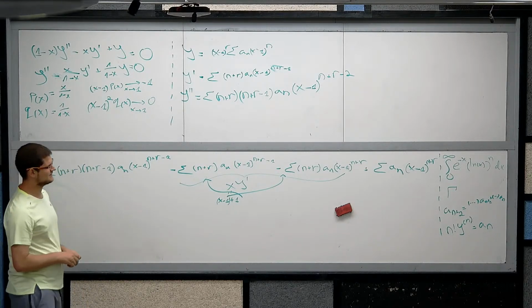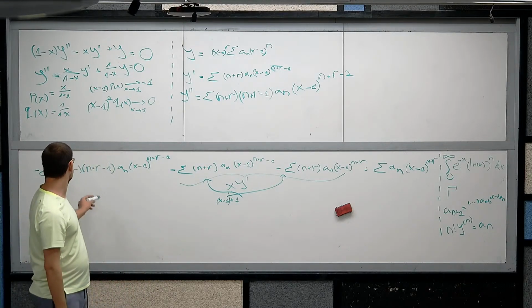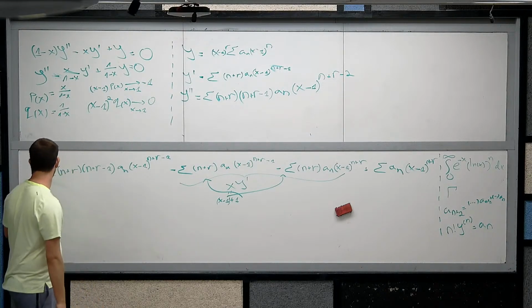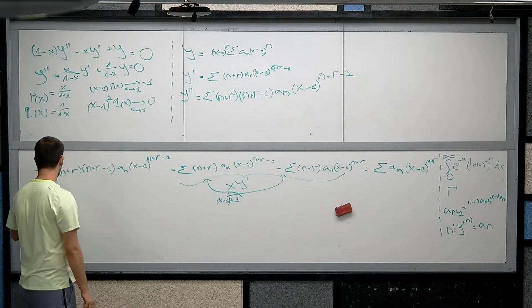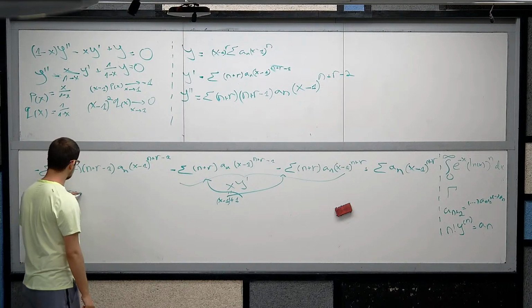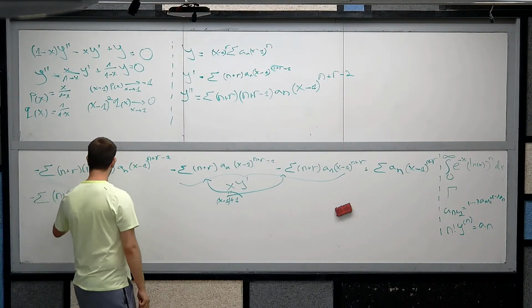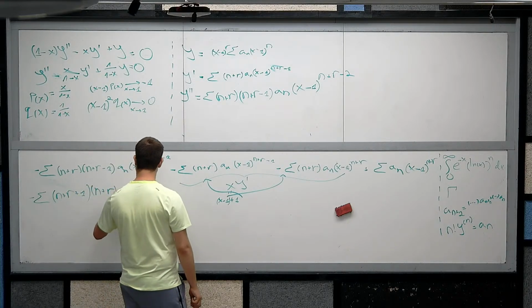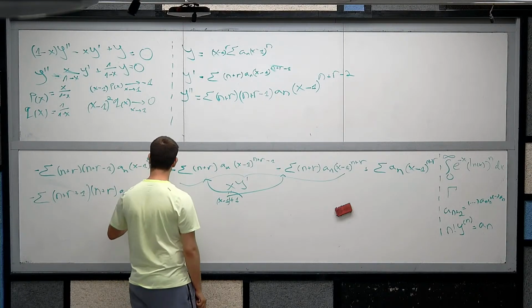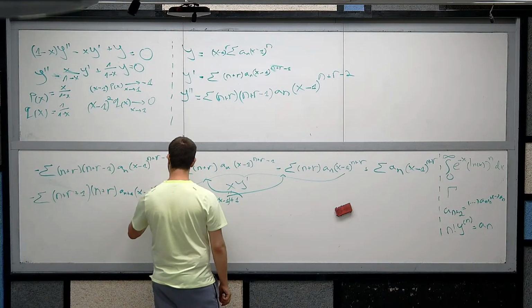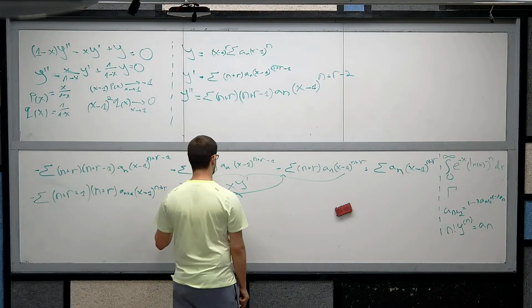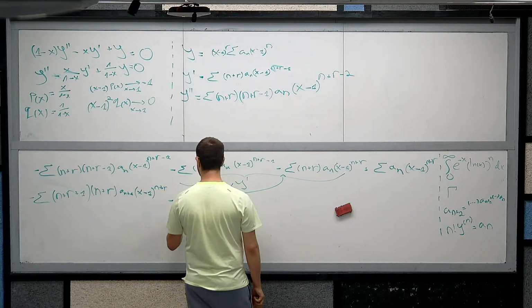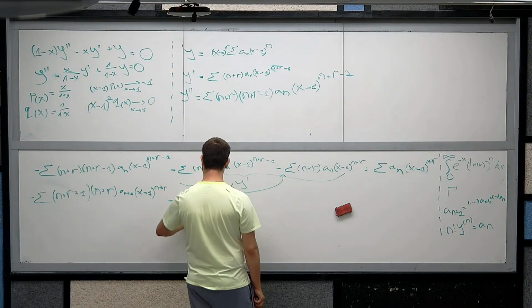Okay, so now let's just rewrite the equation. n plus r plus 1, n plus r, a n plus 1, x minus 1 to the n plus r, minus n plus r plus 1.